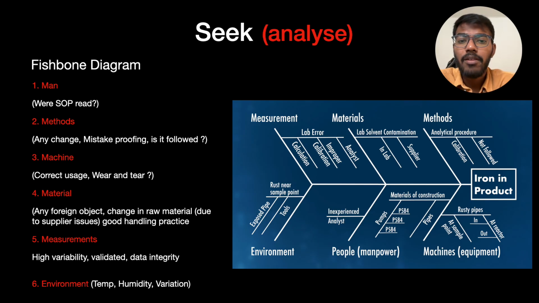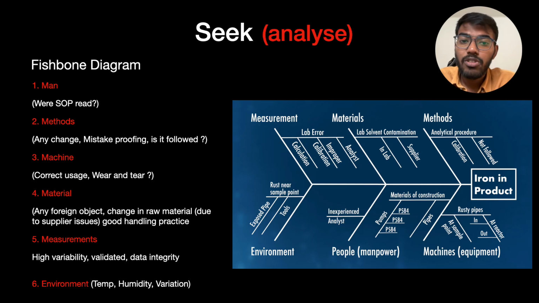Let's say you've been with a supplier for so long, and they're having a problem at their end, so you go for a risk management approach of having a different supplier where the spec more or less matches, but it doesn't guarantee that it will be spot on. There might be a change in one tiny little particle which might bring a big change in the entire process. Or is a good handling practice followed? So these are the questions that will give you the answer for the material.